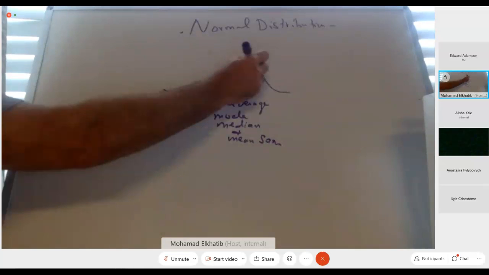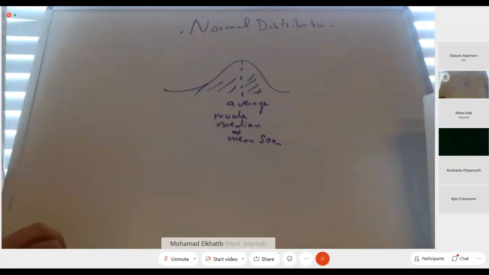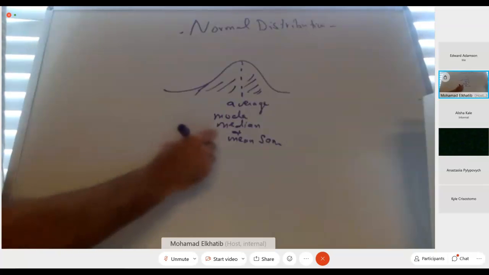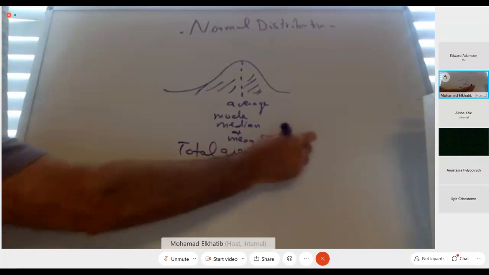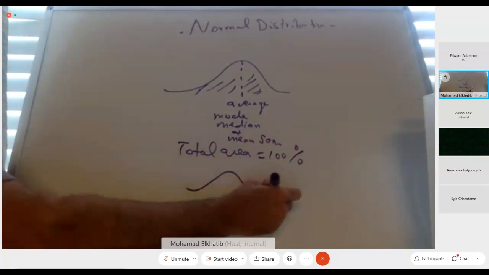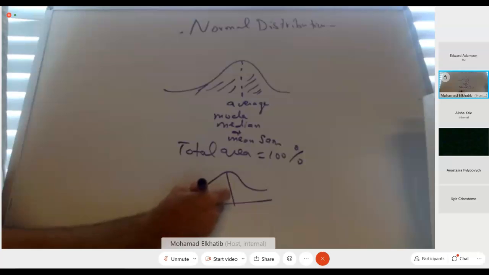And the area here, the area here. So if the total area is 100%, 50% is here, and 50% is here.